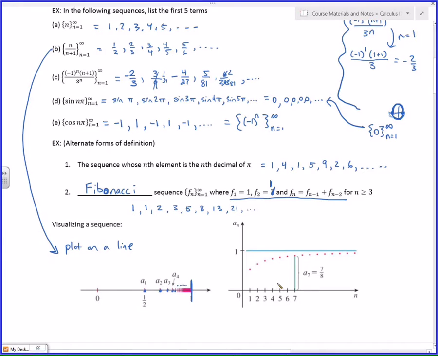Now you can also see it vertically, right? So if you look up here at the plot, what I'm actually doing is plotting this the same way I would plot a function, except remember that as a function it's only defined at your integers. So it's only defined at 1, 2, 3, 4, and the same way that you would with a function, you plot the height of the curve. Okay?